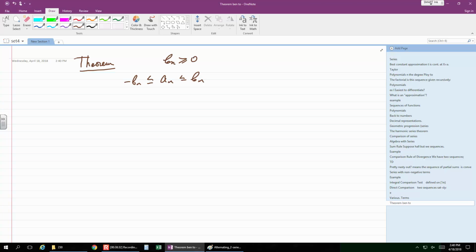And as we just demonstrated, if the sum of bn converges, then so does the sum of an.